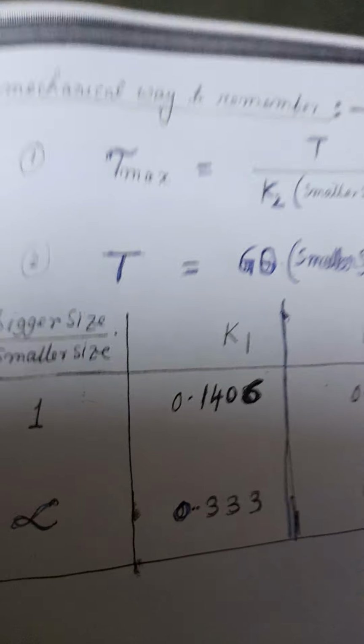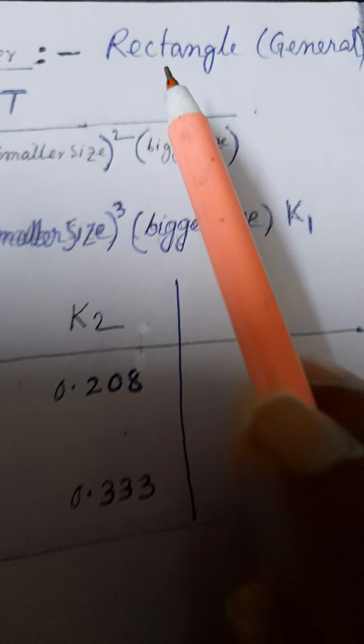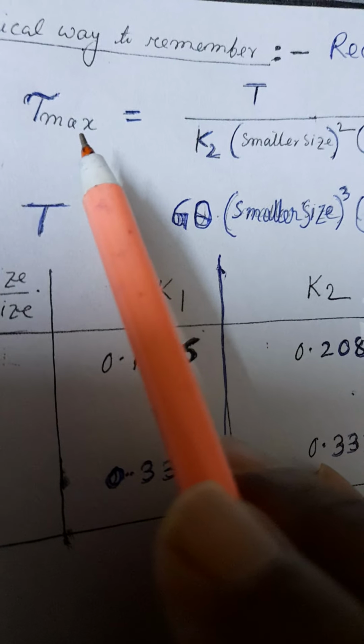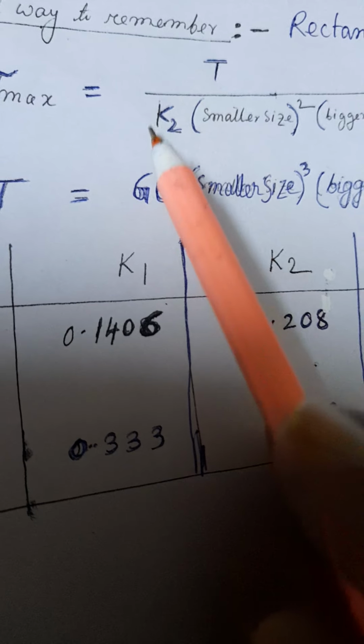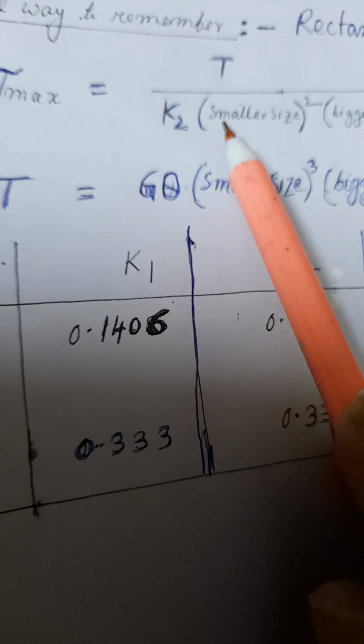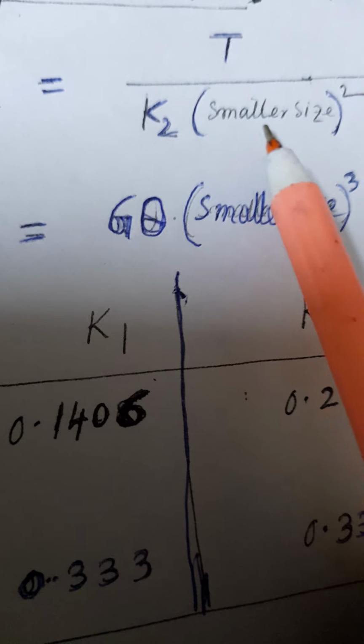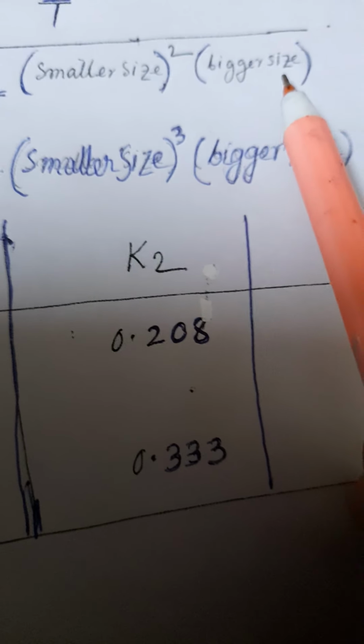For remembering, for a general rectangle you can remember the formula like this: tau max is equal to T by K2 into smaller size whole square into bigger size.